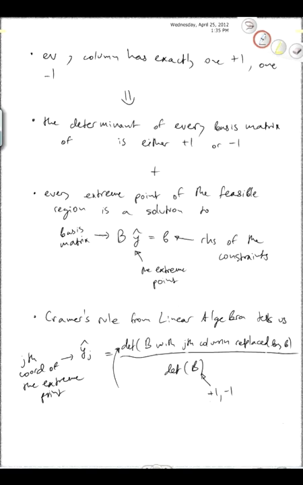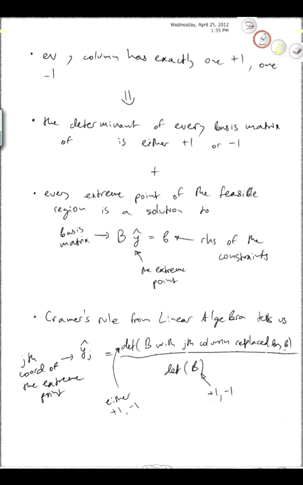So this little b looks almost like a column of the big B, because the big B had columns that had exactly one +1 and one -1 and all zeros otherwise. So this top determinant is also either +1 or -1.